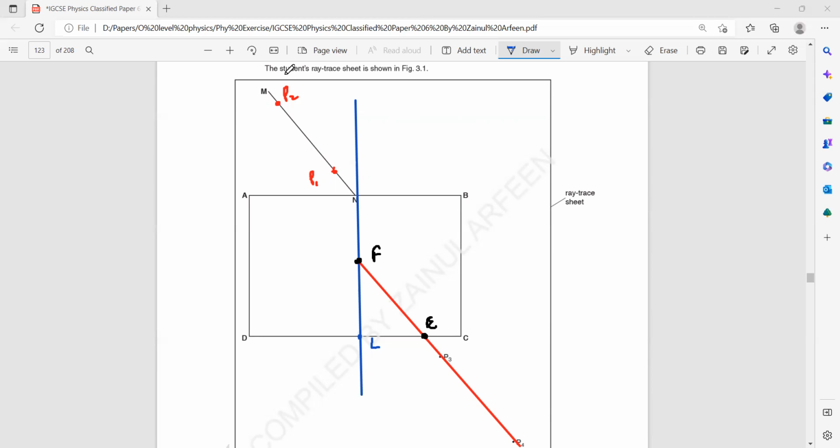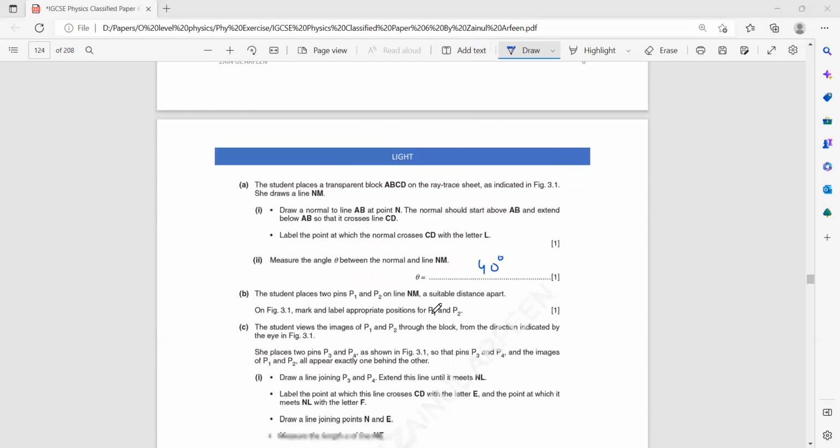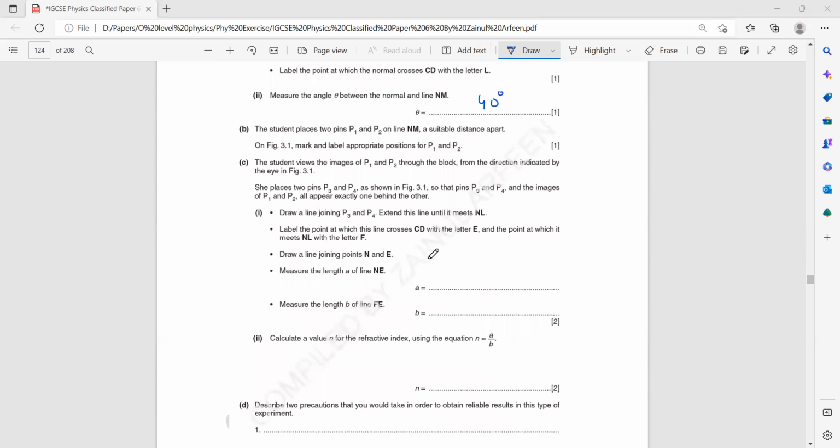Now we have to measure a dimension as they mentioned in the question, that you have to measure the length NE and FE.